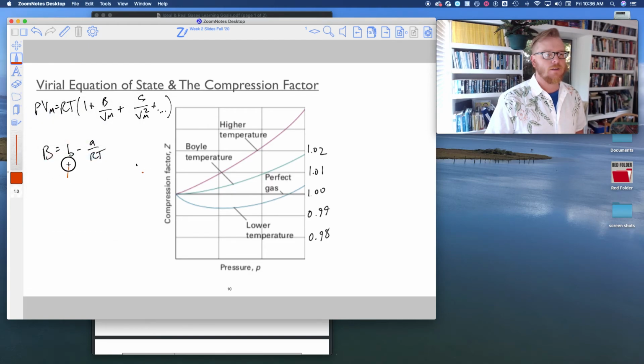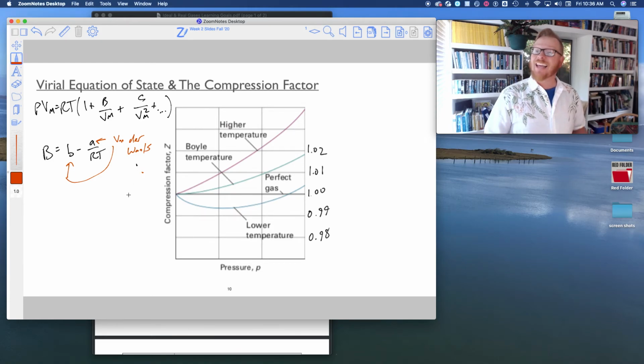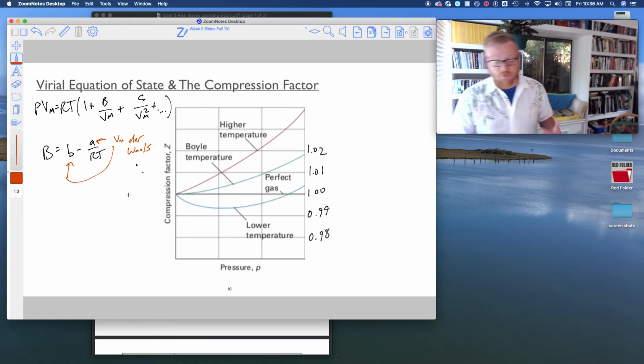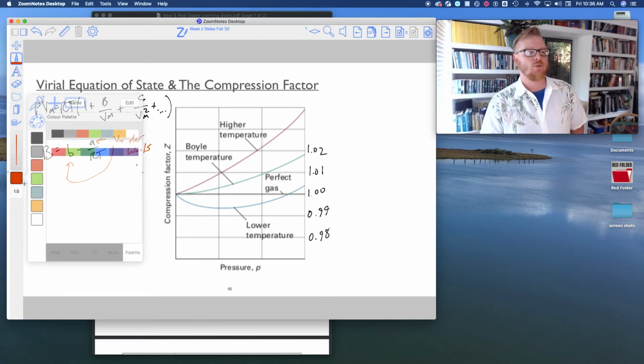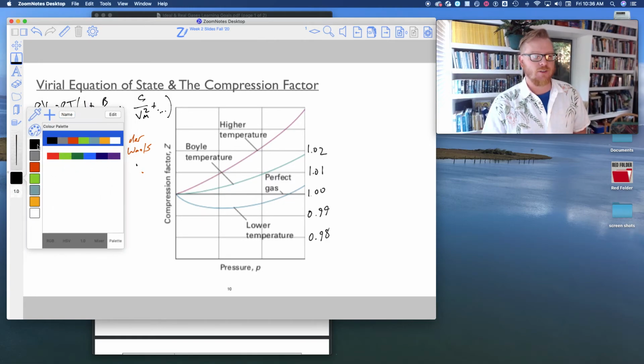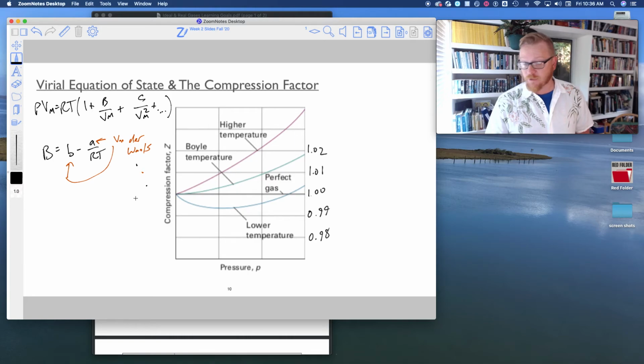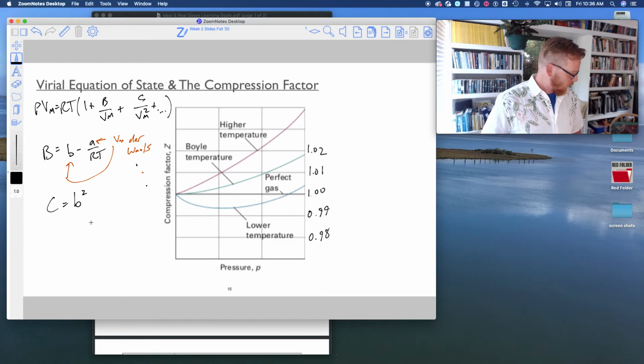Okay, so these are our van der Waals coefficients. So we can calculate these B terms. These are specific for a gas, right? Because it depends on what type of intermolecular forces they have available. And the C term up here is equal to B squared. And yes, that's the same B in the van der Waals coefficient.